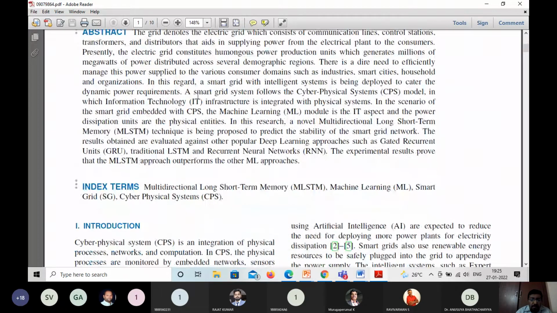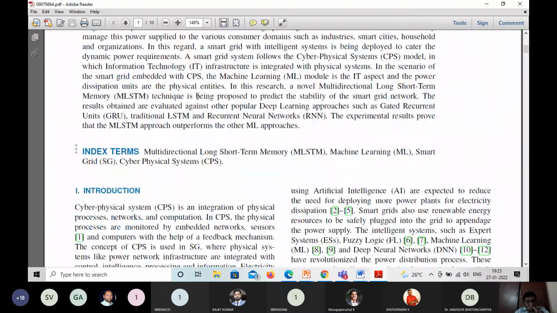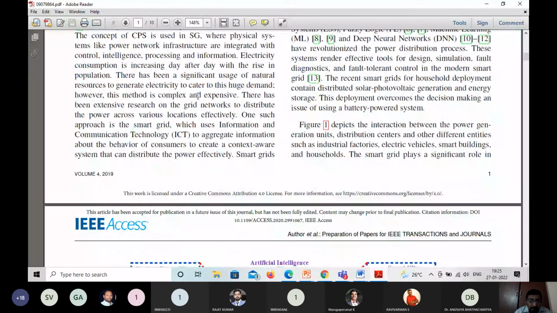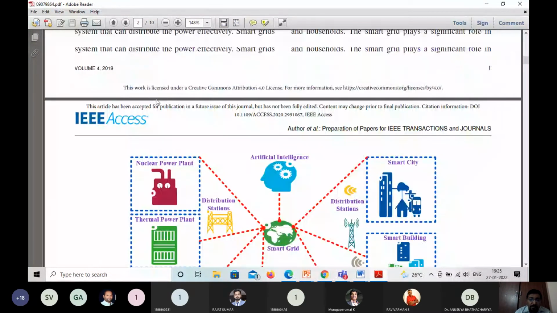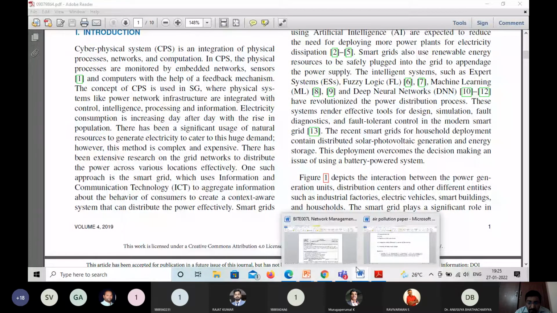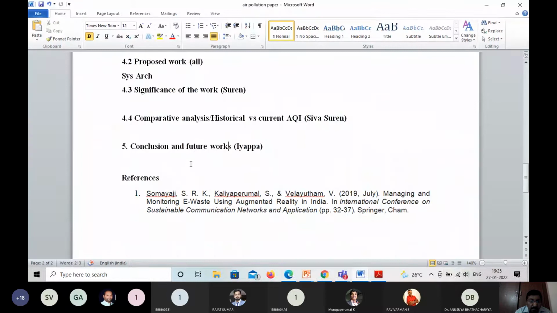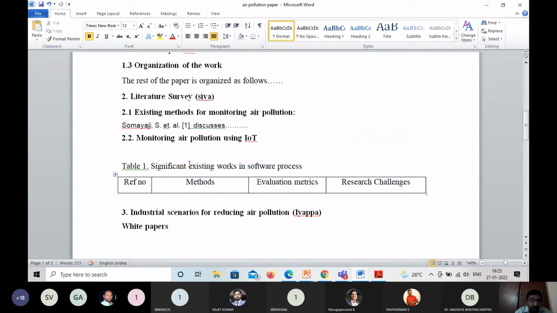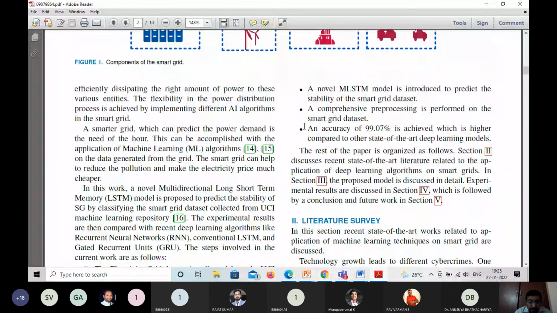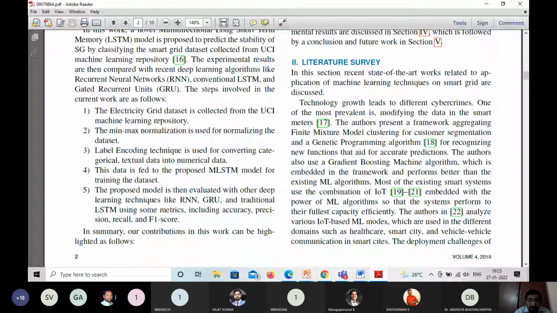And apart from that, as I said, in IEEE we have two ways of citation. One is the one which I just showed, or we could go with just a number.